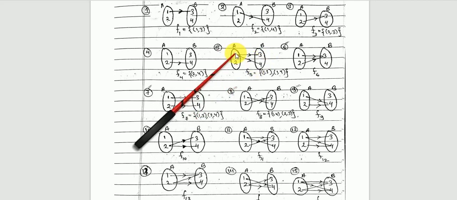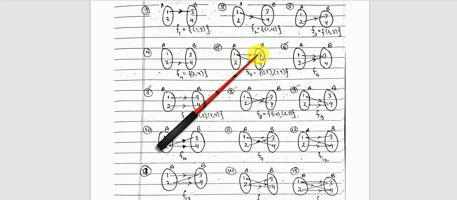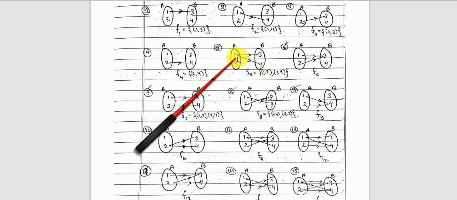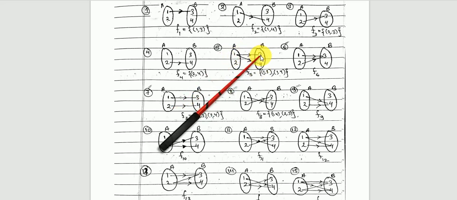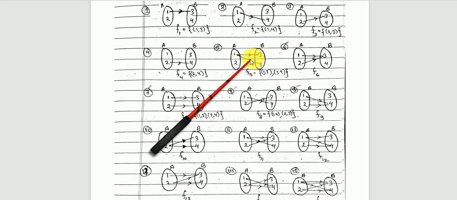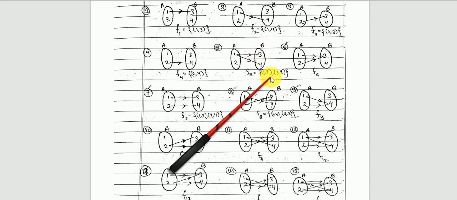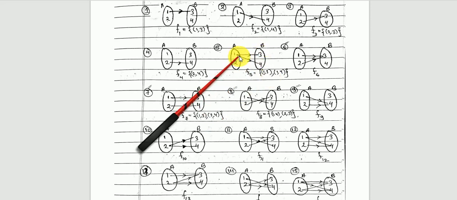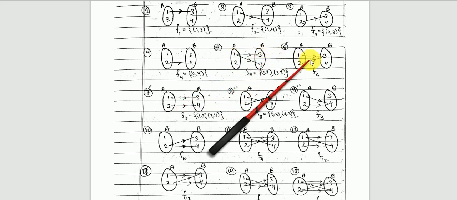So here, 1 is not associated to a unique element of B. In fact, it is associated to more than one element. And this element 2 is left without any association with elements of B. So this is again a relation but not a function.